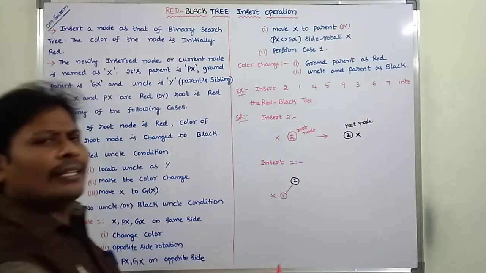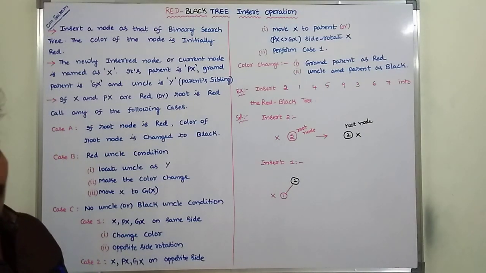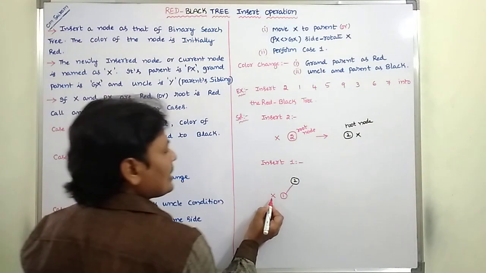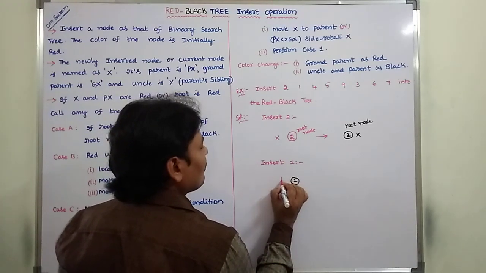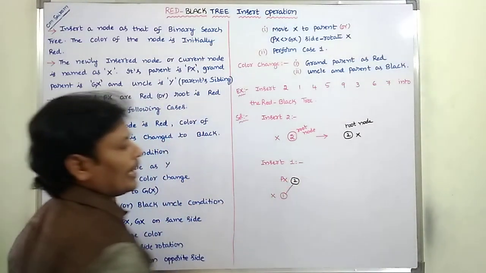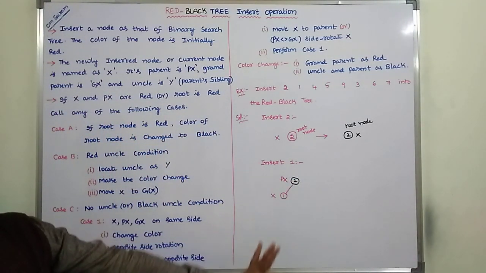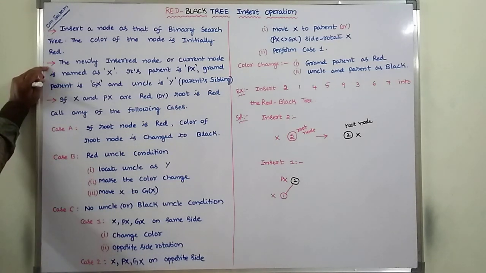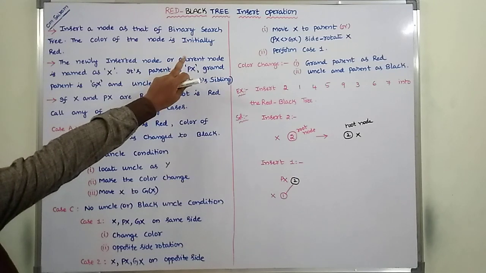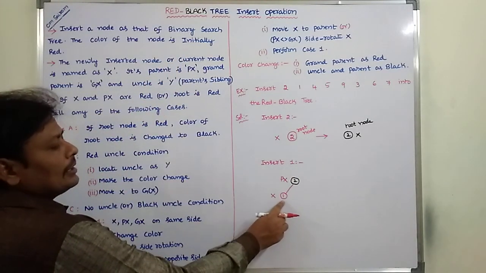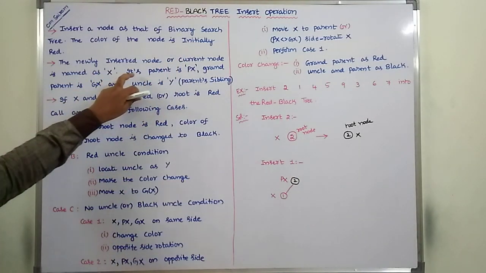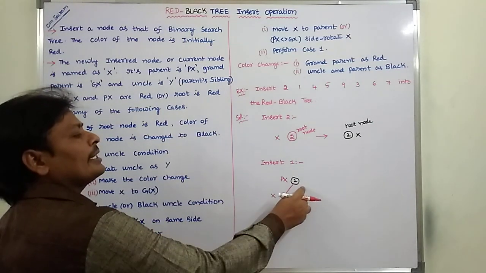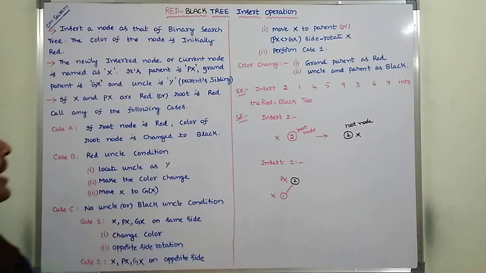Now we have to draw the edge. Edges can be drawn either in red color or black color, no problem. So now this is X, its parent is Px. Now, is this a red black tree or not? Go to this condition. The newly inserted node or current node 1 is denoted by X and its parent, node 2, is denoted by Px.